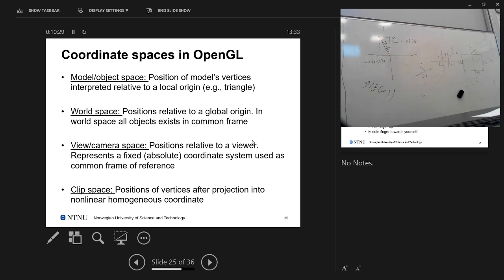Then you have the clip space, which you may have seen in some of the documents you've been reading until now. It's basically the position of vertices after you project it into 2D. As I showed you, you go from this 3-dimensional projective space down to the 2-dimensional projective space. And as you mentioned in the last lecture, it's actually a reduction of rank going on there.